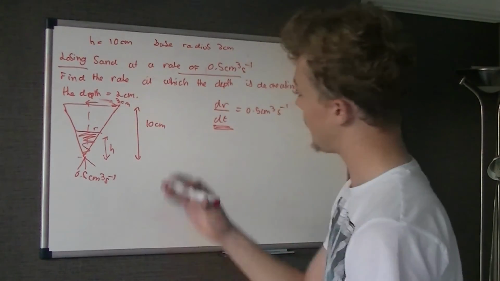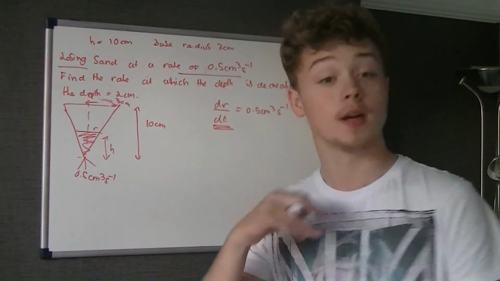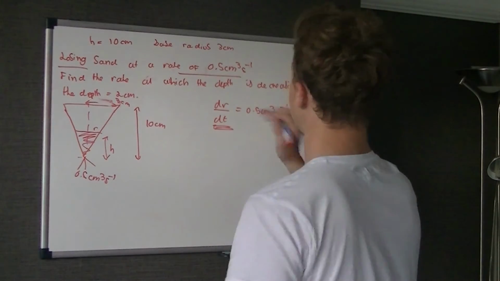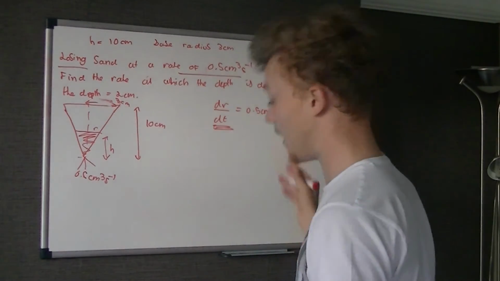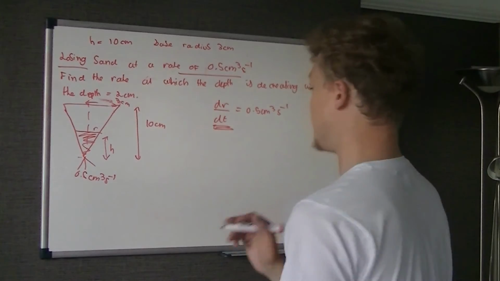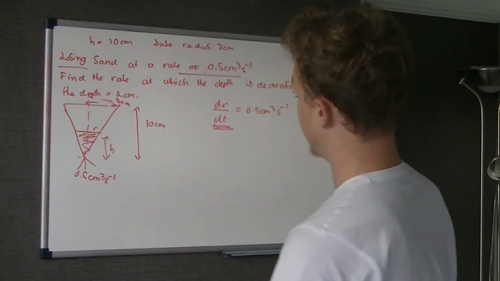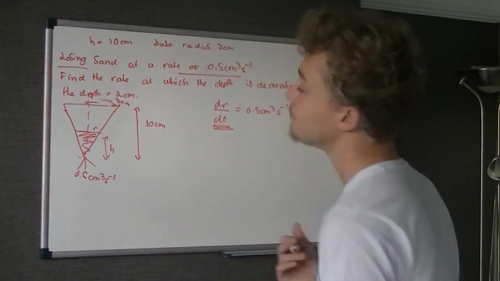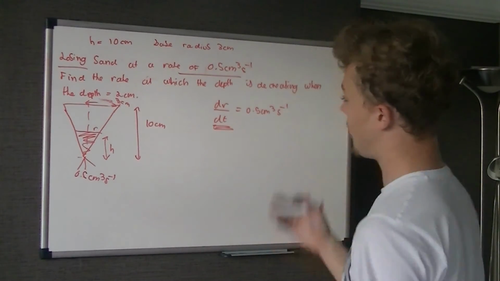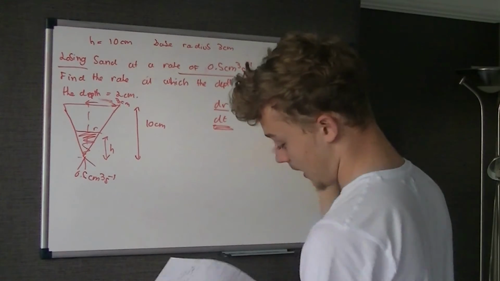because we are told to find the rate, so again a differential, at which the depth is decreasing when the depth equals 2 centimetres. So we're going to find some kind of rate, so time is going to be on the bottom, and on the top the rate at which the depth is decreasing.